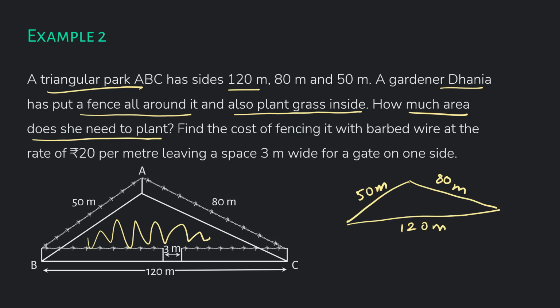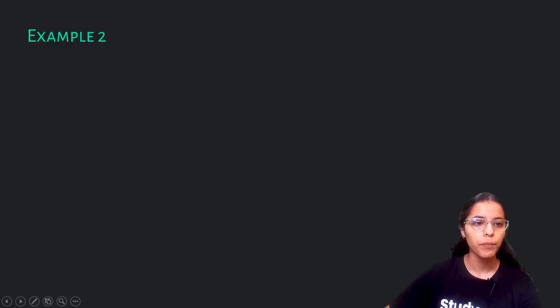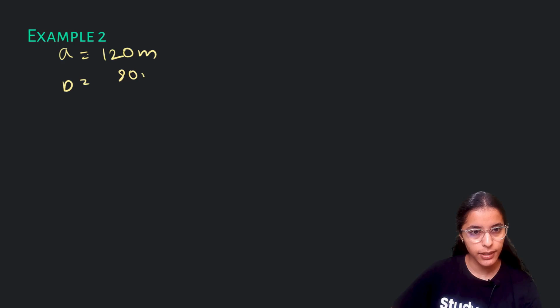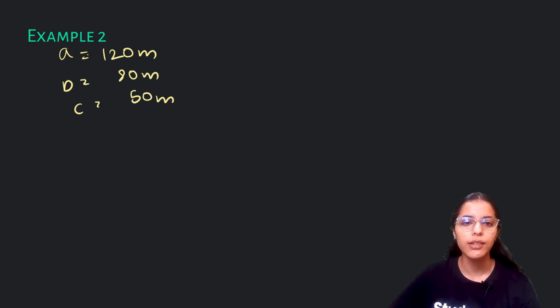Let us find it by using Heron's formula, because the height is not given. So we can only take out the area using Heron's formula. Let me do it in the next slide. My A is equal to 120 meter. Another side is 80 meter. Then my C is 50 meter. Now let us first find the semi-perimeter.